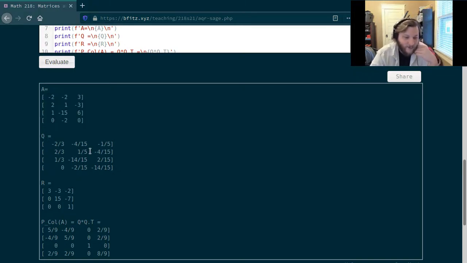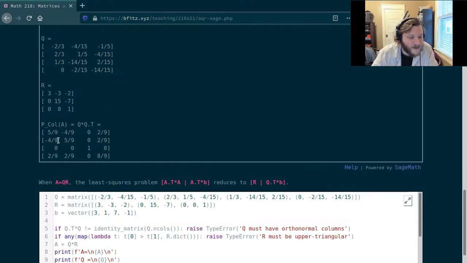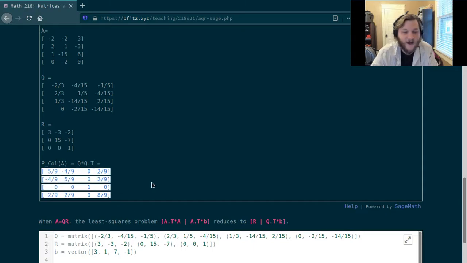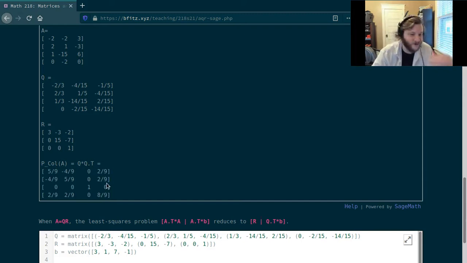Then it will also print out Q and R so we can make sure we input our data correctly. And it tells us that projection onto the column space of A is given by Q times Q transpose, which is this particular 4x4 matrix here. This is the same example that I did in the lecture, so you can check that my lecture is correct by using this code here.